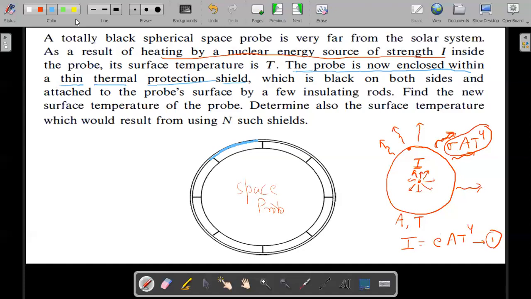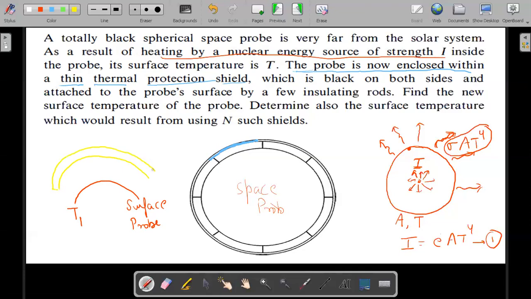Now, if I reconsider the situation, this is the surface of that probe. The spherical probe has this surface, and let's say its new temperature is T1, and this is surrounded by a thin thermal protection cover.